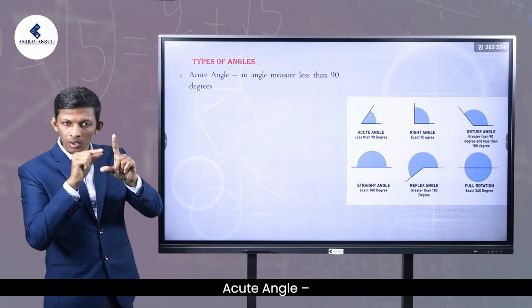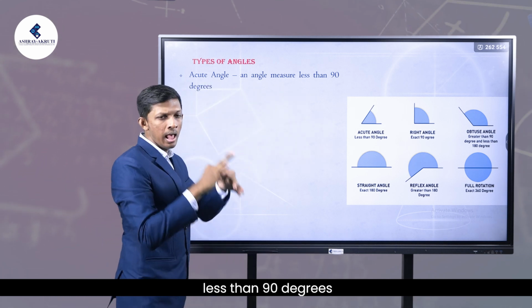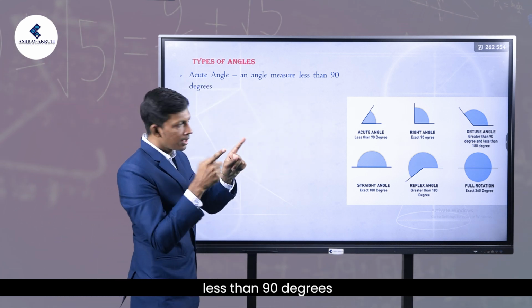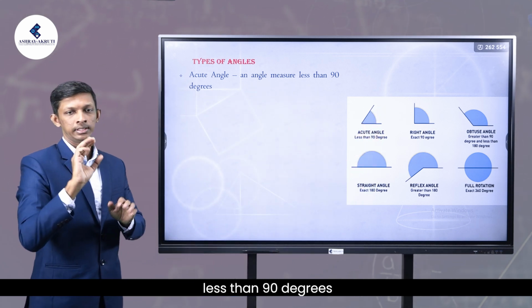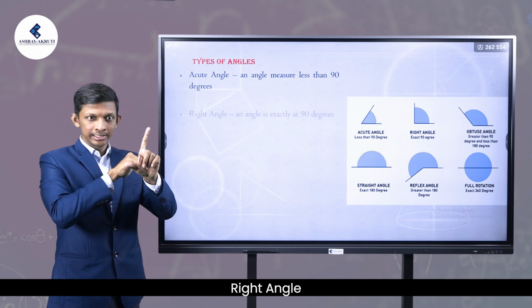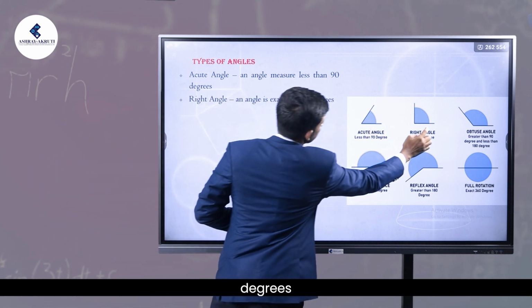Acute angle. An angle measuring less than 90 degrees. Right angle. An angle that is exactly 90 degrees.